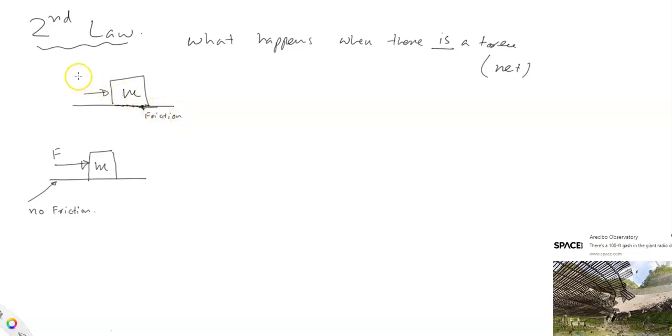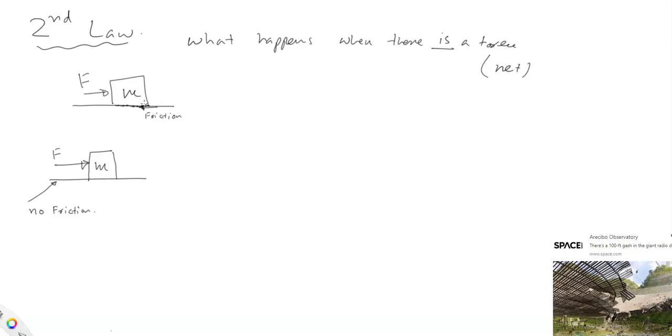You are applying a force, so the net force is the difference between what you apply and what the friction is. To avoid that complication, let's assume there is no friction. So if you apply 100 newtons, that 100 newtons is your net force. This is the starting point of Newton's second law.